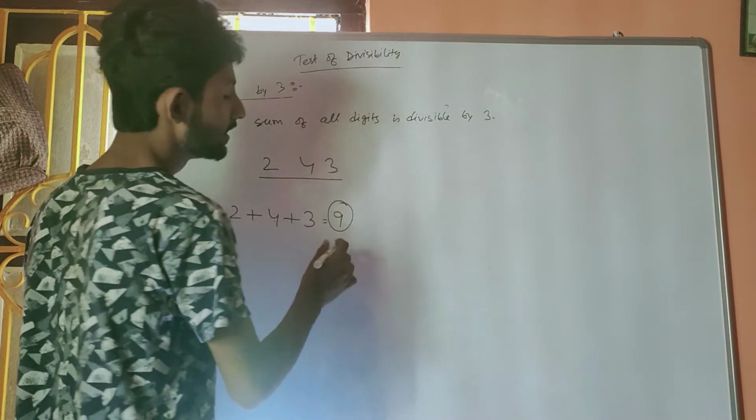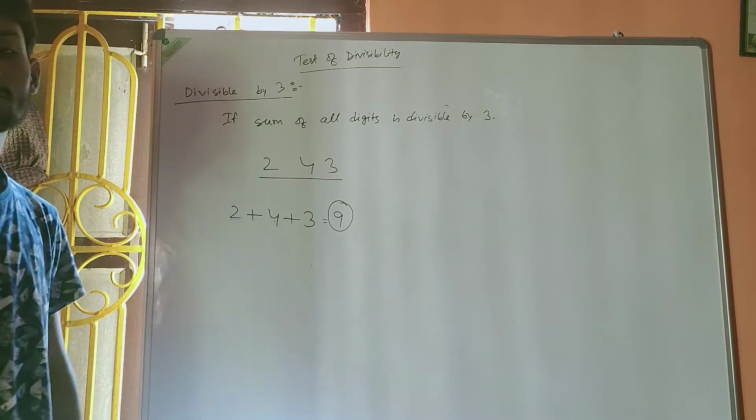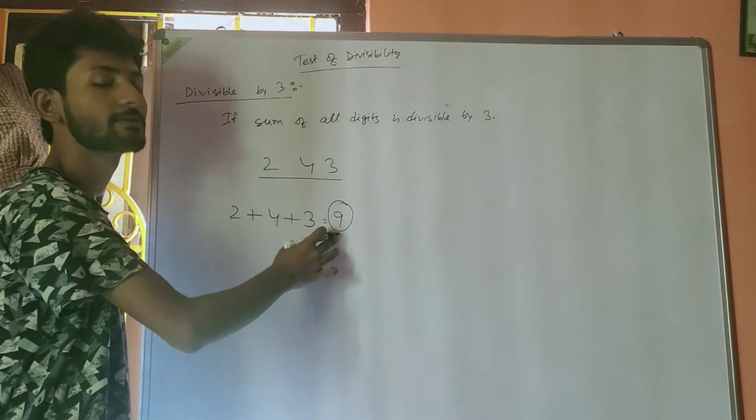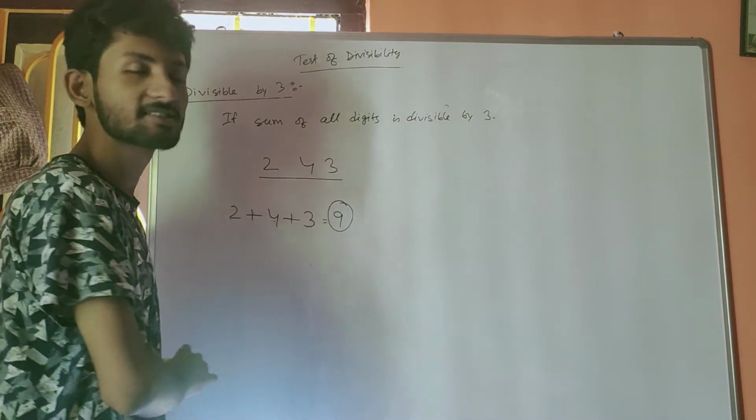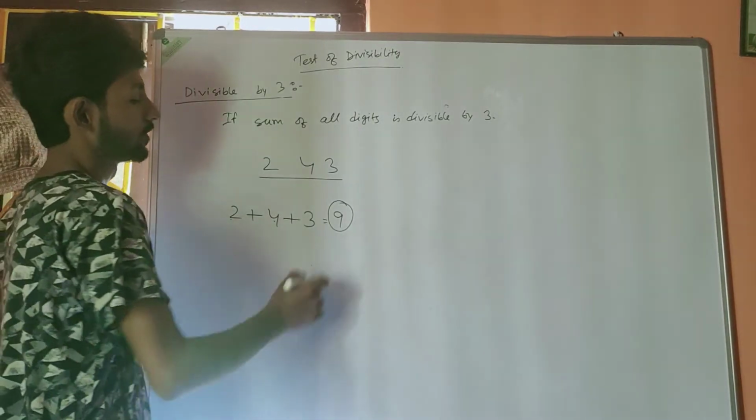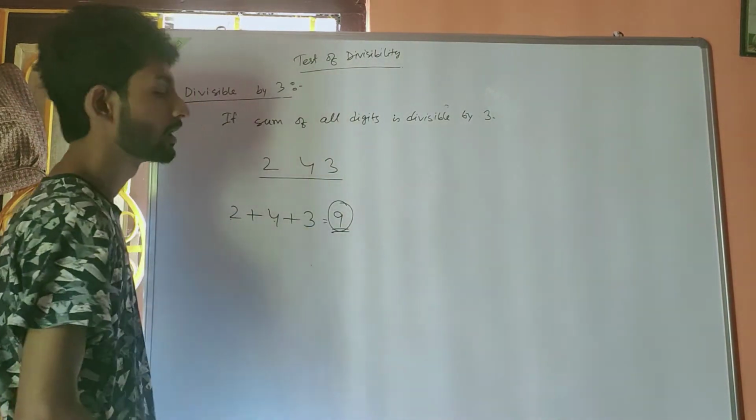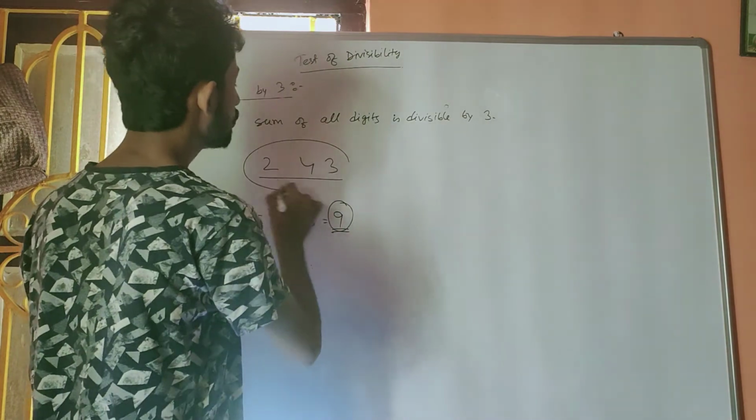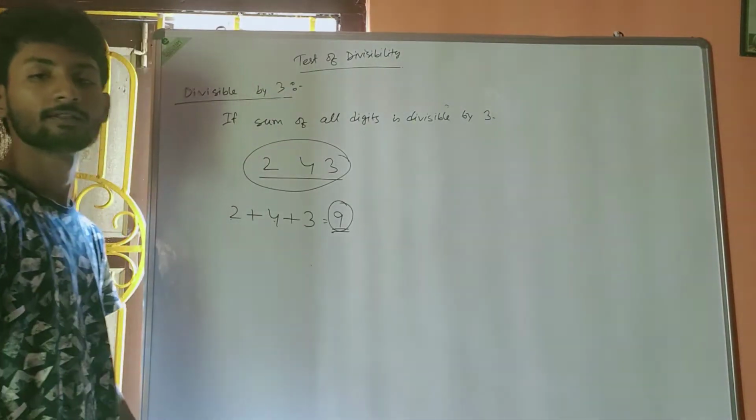Now 9 is divisible by 3 because 3 threes are 9. So we can say 243 is divisible by 3.